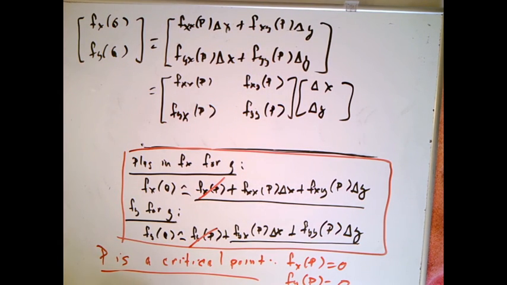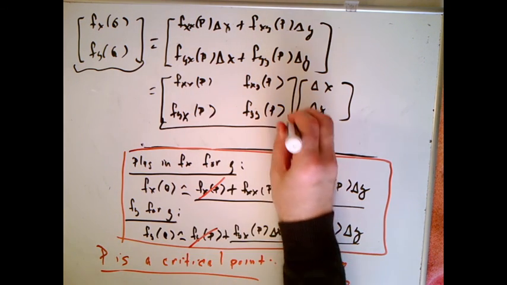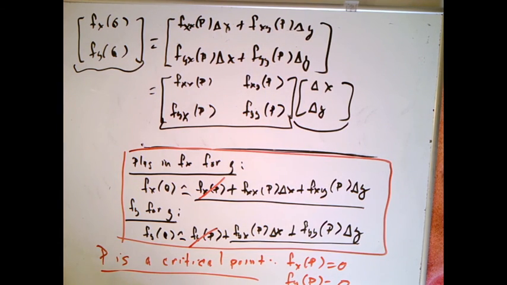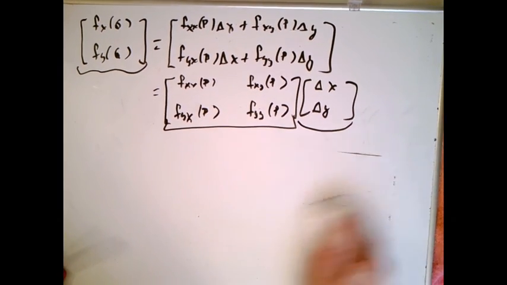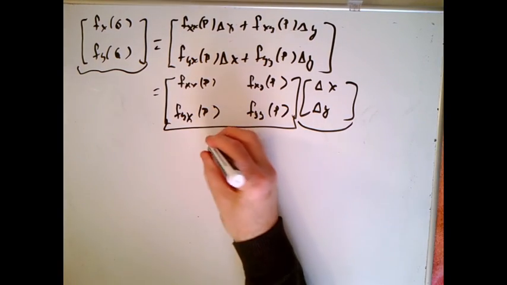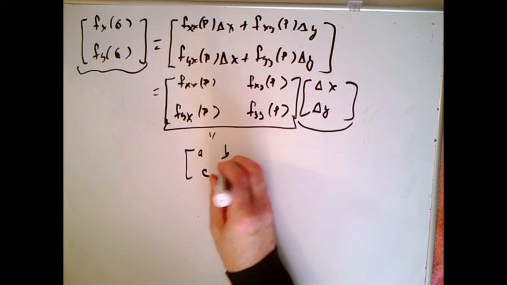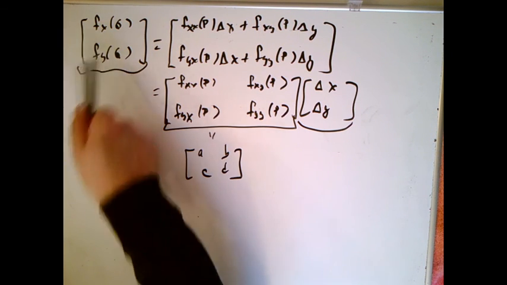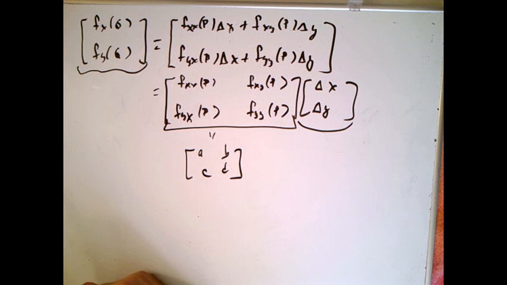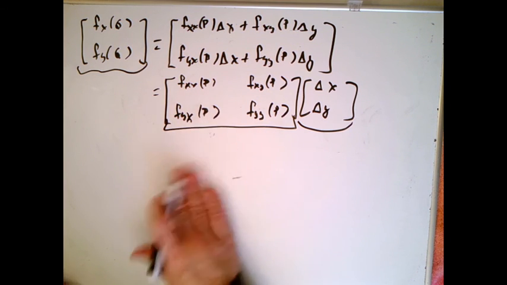And what do we have? If we were looking for the linear transformation that draws the gradient vectors, we are looking for a matrix full of constants. Well, that's this one right here, times the vector delta x, delta y. That tells us that the matrix we've been looking for, this is A, B, C, D, is this one. Why? Because the gradient vectors near a critical point all look like a linear transformation, and we just found the matrix for that linear transformation. And it's the matrix that's full of the second partial derivatives.